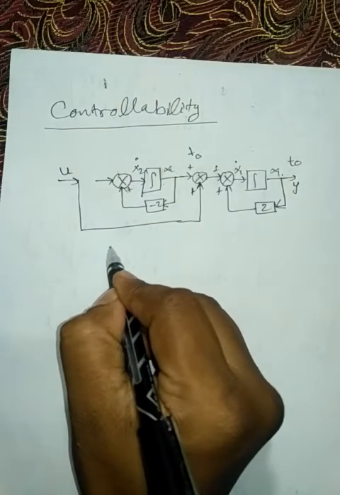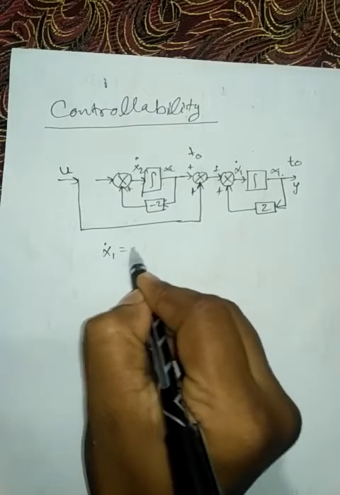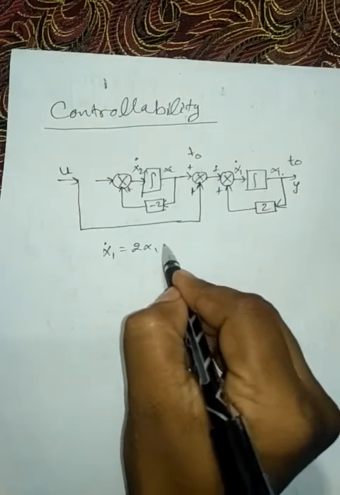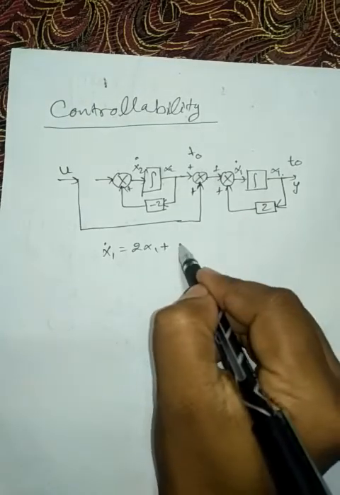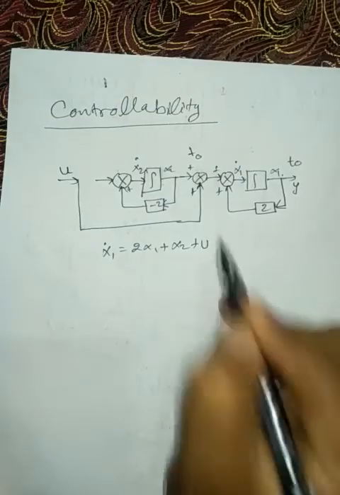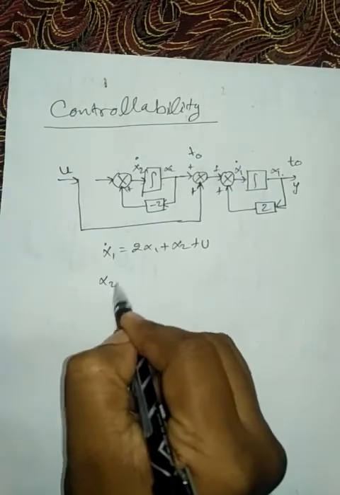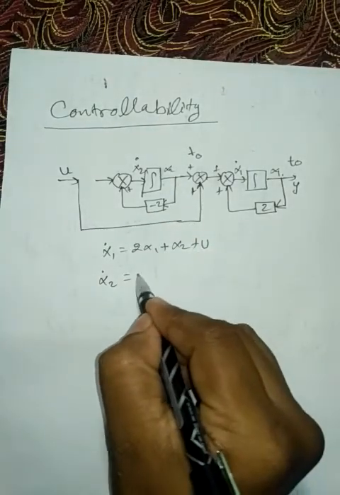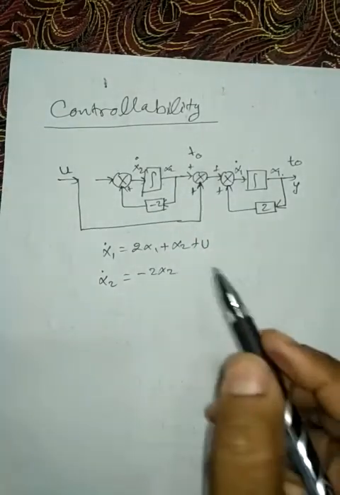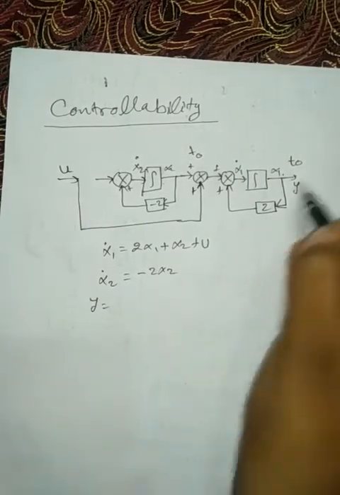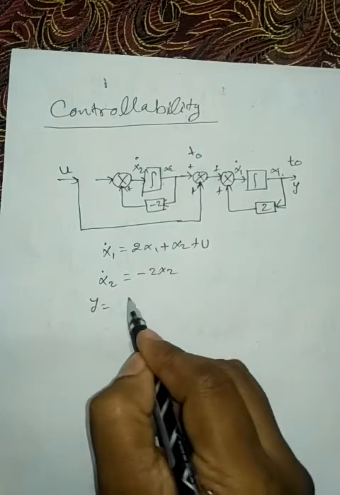State equation is x1 dot is equal to 2x1 plus x2 plus u. And what will be x2 dot? x2 dot will be minus 2 x2, only minus 2 x2, nothing else. And what is y? Here y is just x1, right?